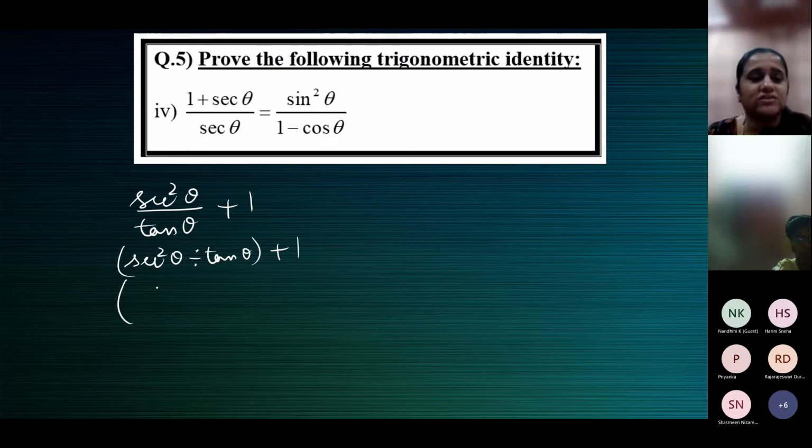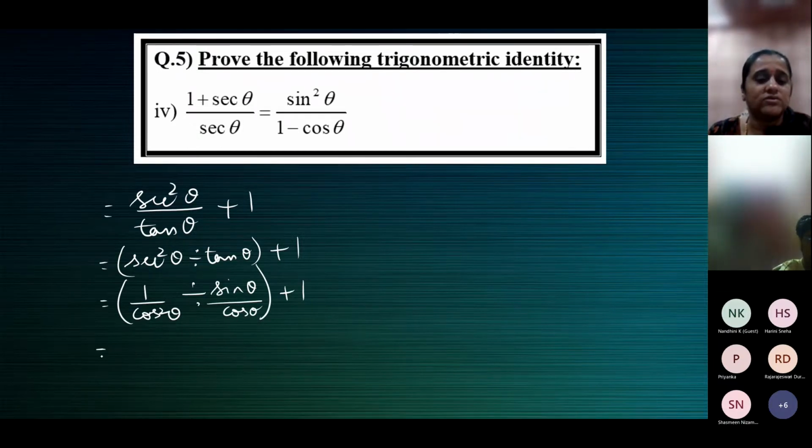You can change secant square also, because there is a rule which says if you have other ratios, change them to sine and cos. So going by that, secant square theta is 1 by cos square theta, divided by tan theta, which is sine theta by cos theta, plus 1.